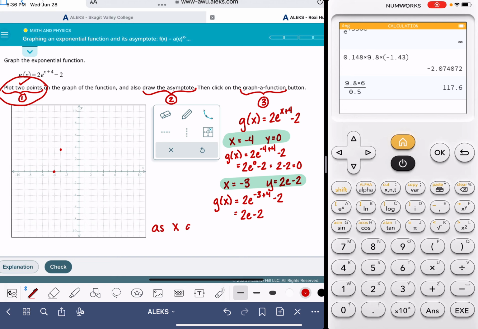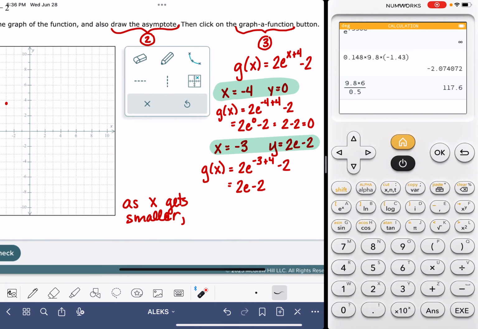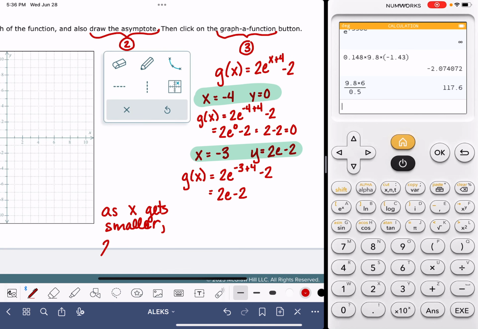As x gets smaller, we get smaller and smaller numbers, what is going to happen to the term 2e to the x plus 4? So 2e to the x plus 4.